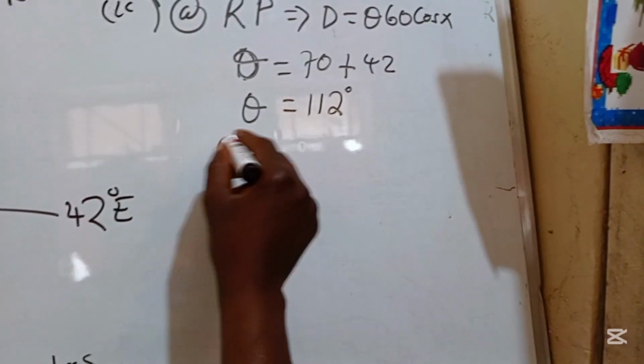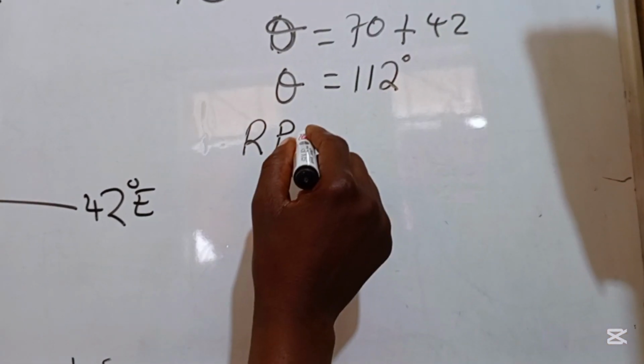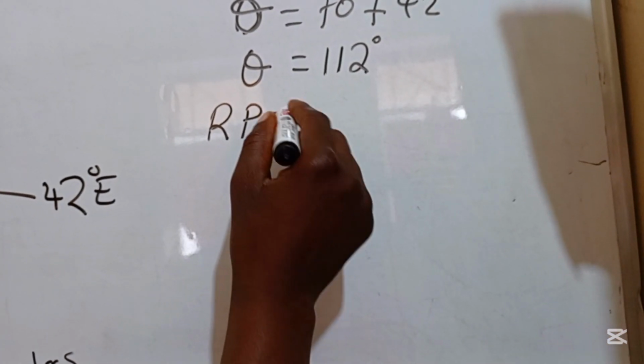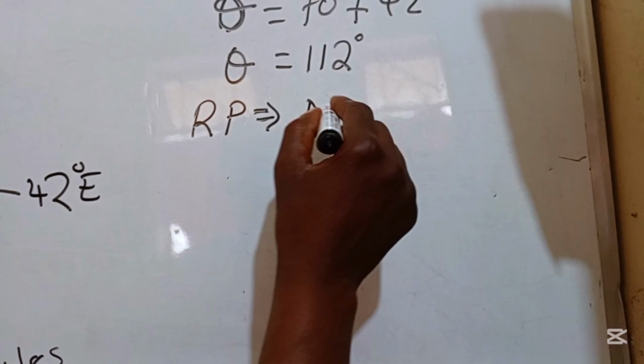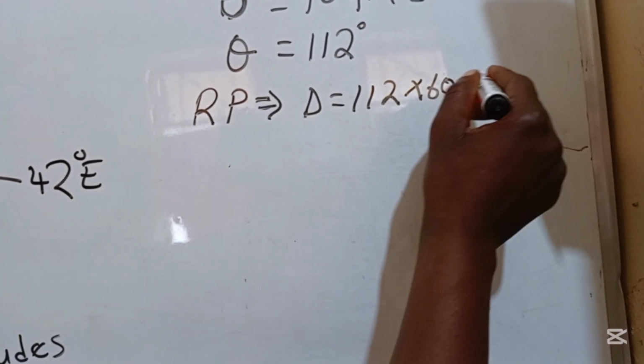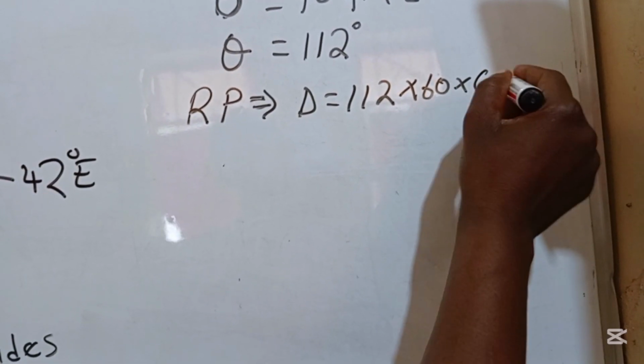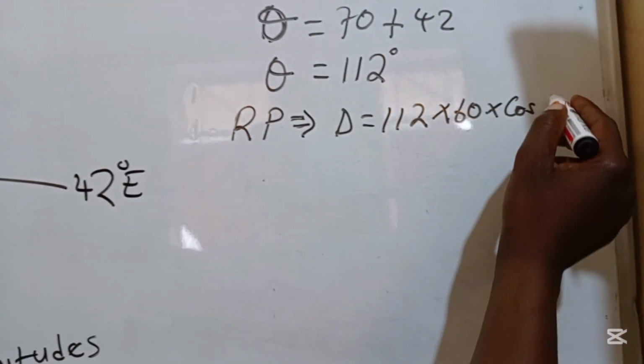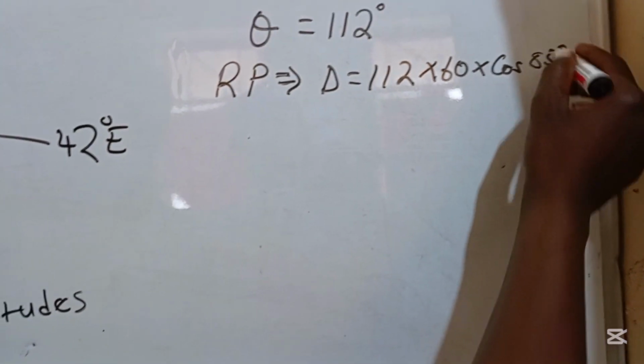So my RP, I'm looking at the distance. How do we get the distance? The distance is equal to 112 multiplied by 60. Both points R and P are found on 85 degrees.